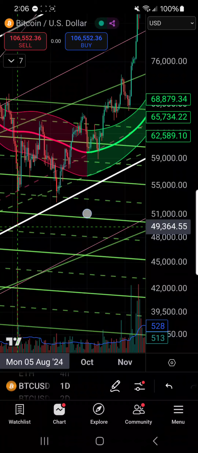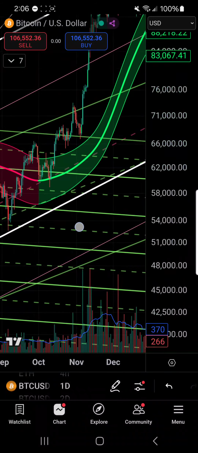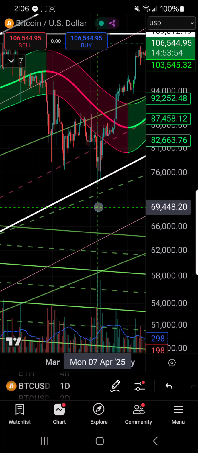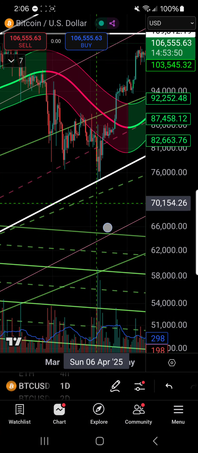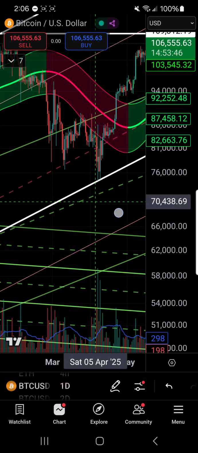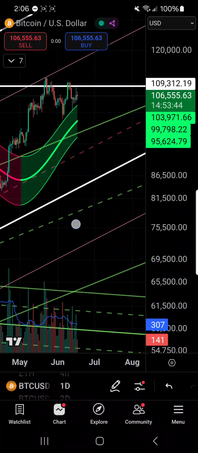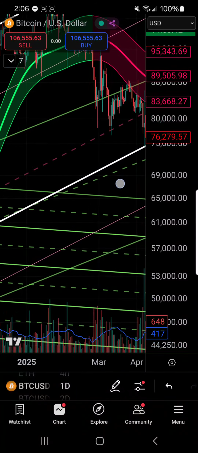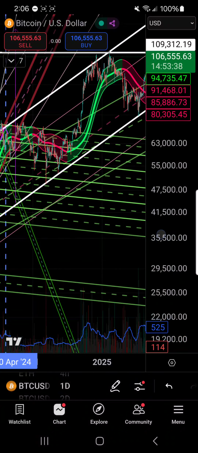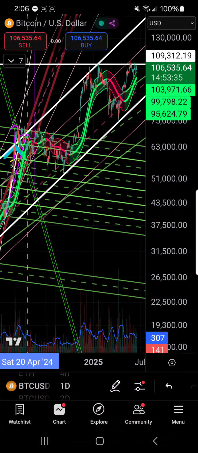So there and there in most recent times, and then again here around. Oh, we got two little touches there in April of 2025, and then here we are today. So you got a lot of contact points on that trend line, which is the base of our ascending triangle.